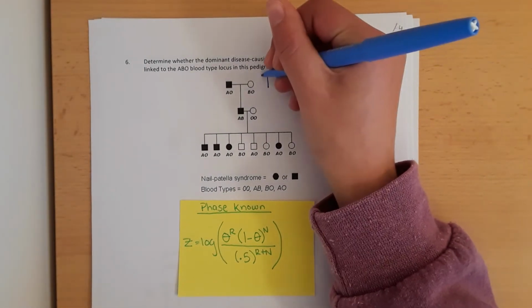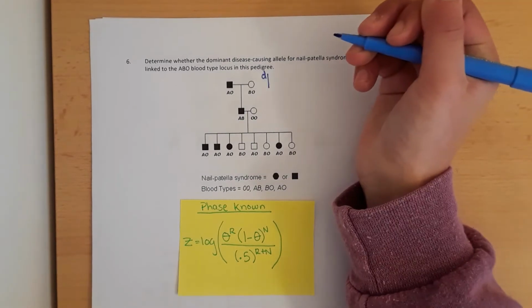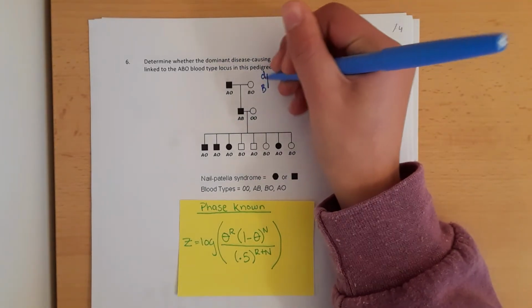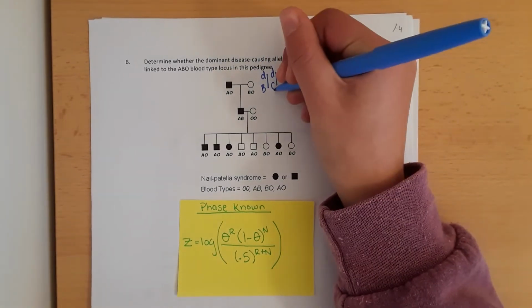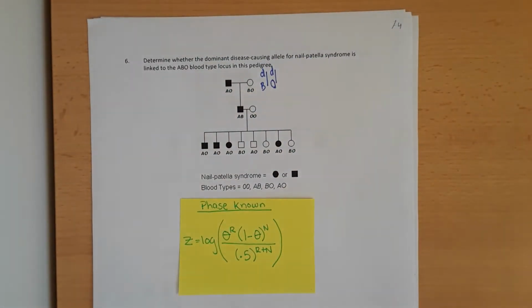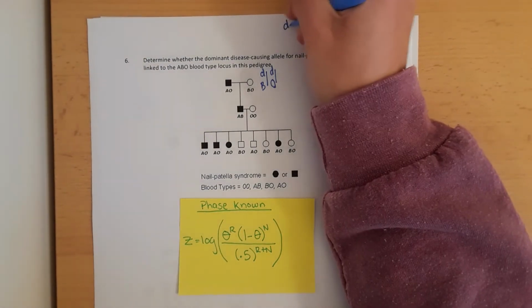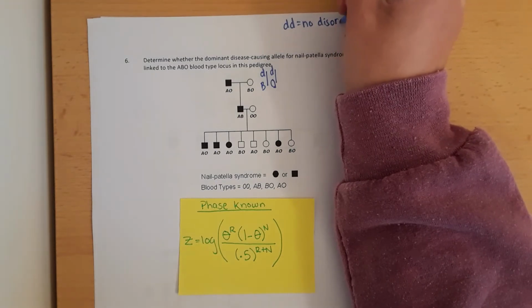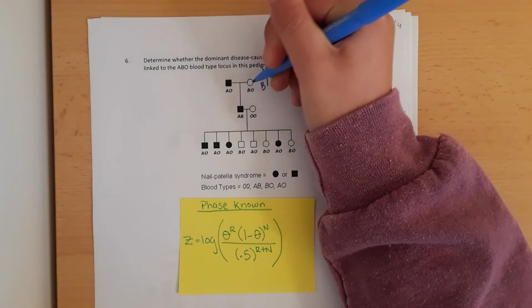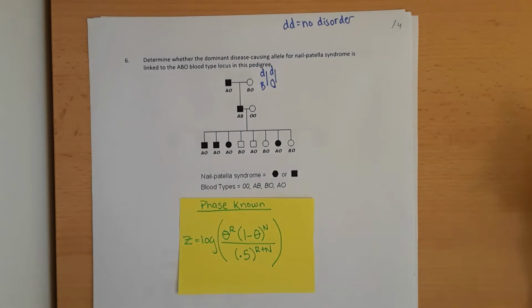The mom is going to have little d gene marker B and then a marker O like so because she doesn't have the disorder. So dd, no disorder, which is why she is not shaded in.